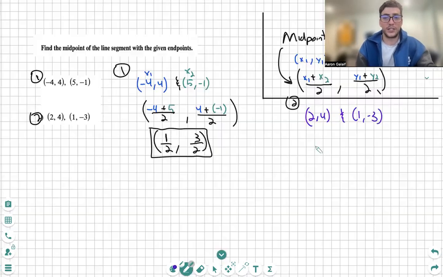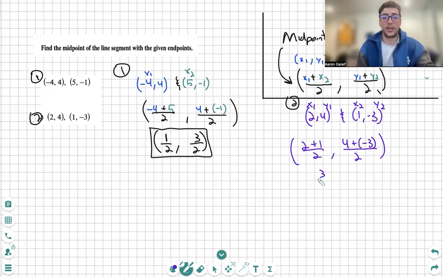And we jump straight into it. I'm going to label x1, x2, x1 plus x2 divided by 2. I'm going to label y1, y2, y1 plus, and then in parentheses, your y2, which is -3, divided by 2. We're going to slowly go through this again.